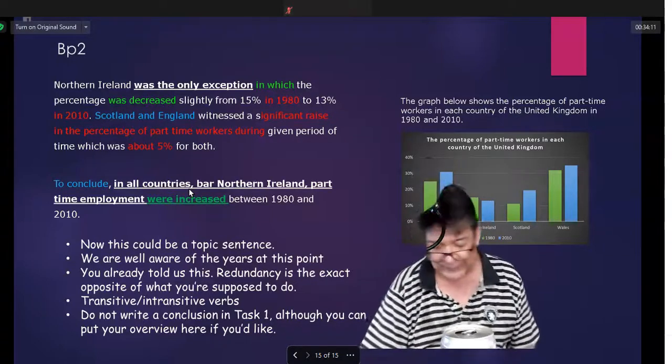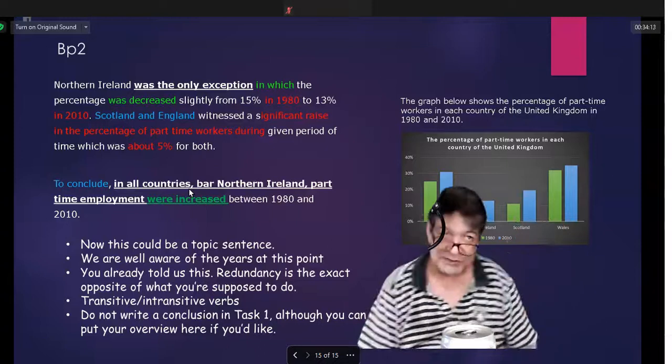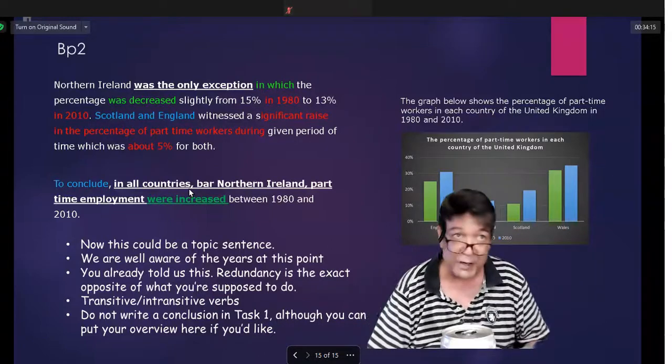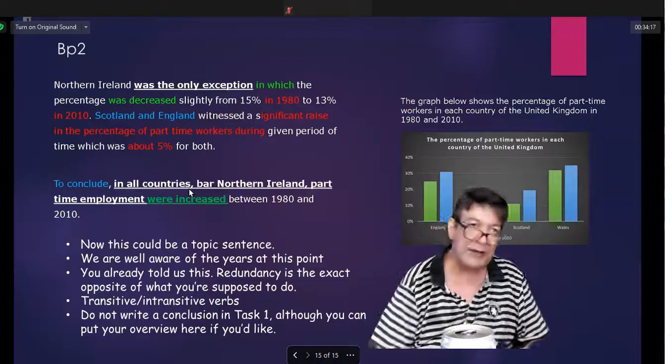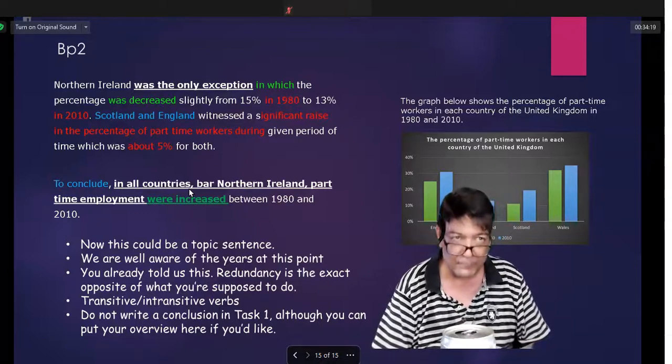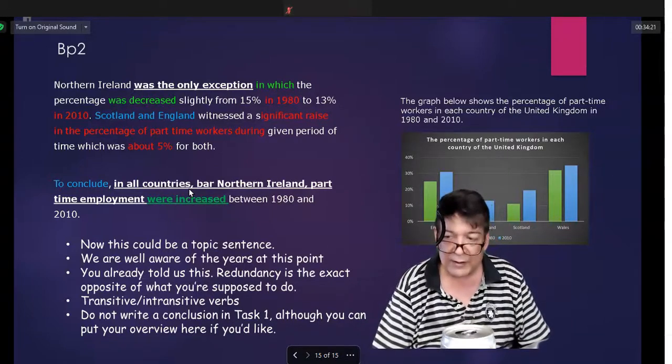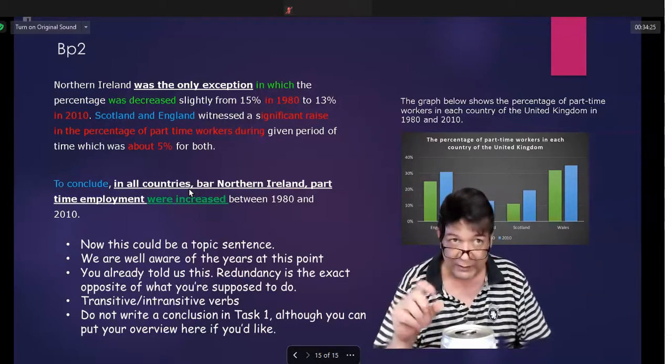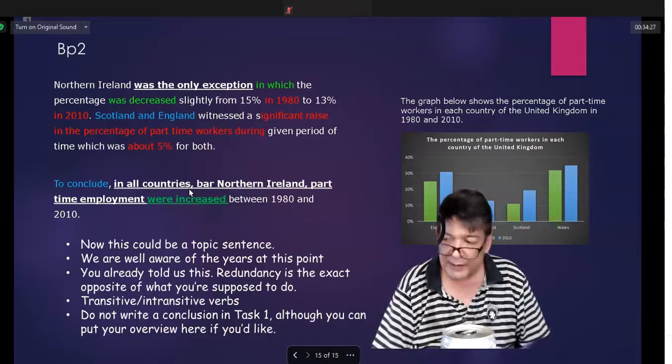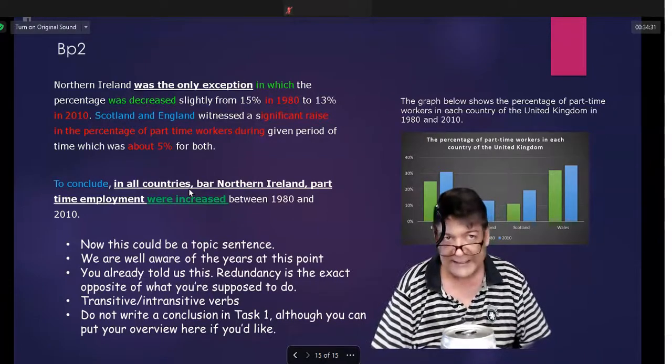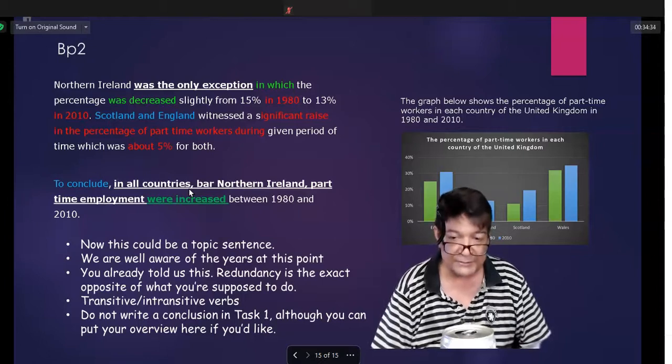Well, that's not a good approach. But this Northern Ireland thing is something that was discovered as you were writing, I think. And so you put it at the end when you've already found it. However, it is much better to use your overview in the second paragraph, as you've done, which also helps you to control the ideas in the body paragraphs.